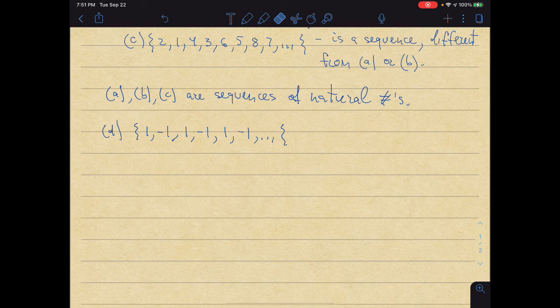E, let's try something like this: 1, 1/2, 1/4, and so on. Again, those are all sequences.